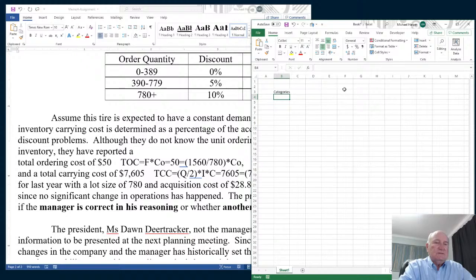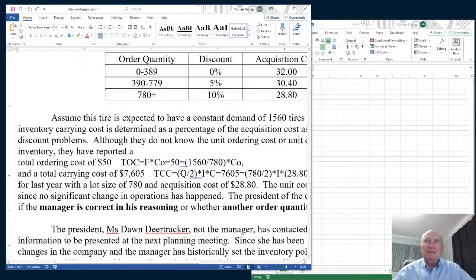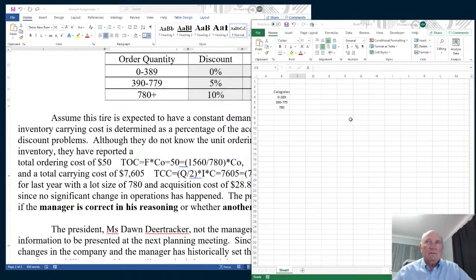We have 0 to 389, we have 390 to 779, and then we have 780 plus. Okay, and so we don't need the discounts here, so let's just put these three costs right here. Now let's go ahead and put them all in while we're here.